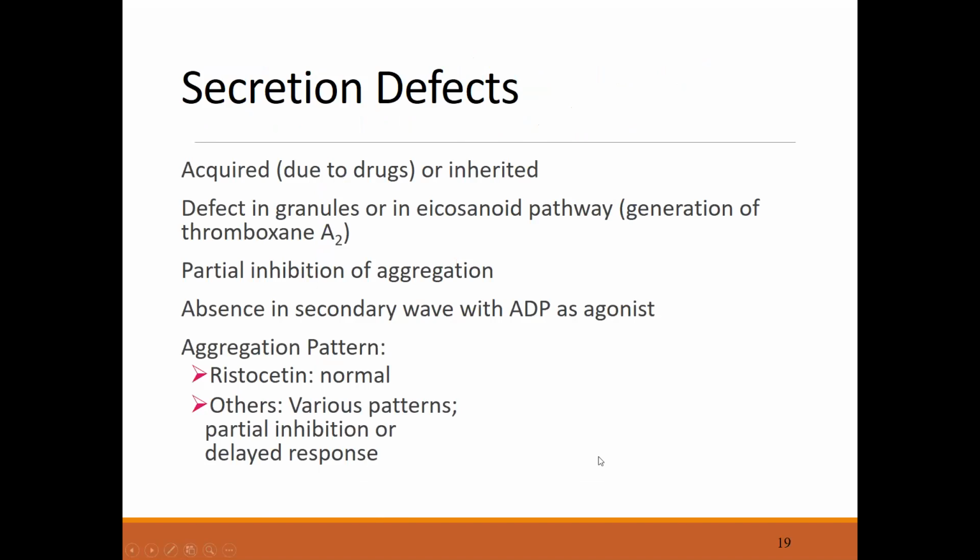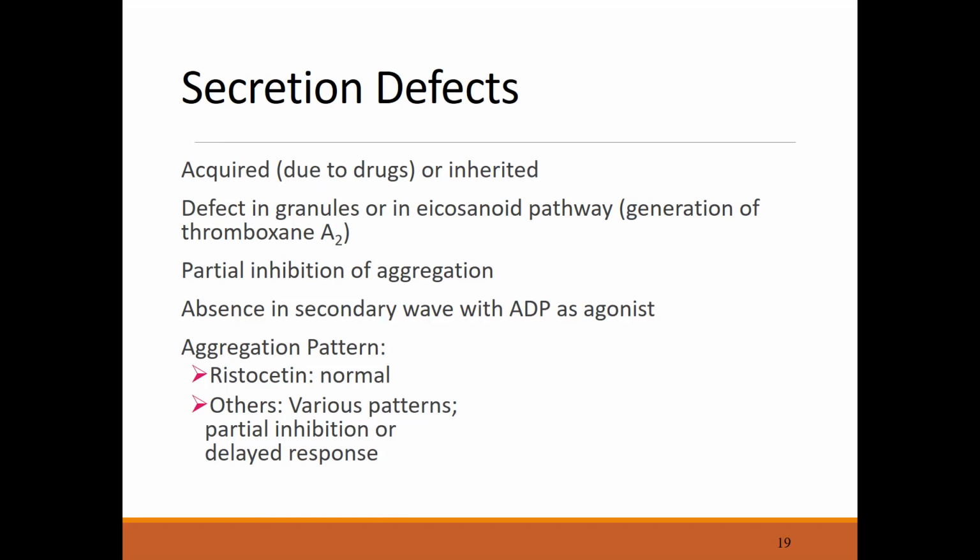Okay, other conditions include secretion defects. So secretions, all our secretory substances that we see when platelets get activated, there are defects that have to do with those substances. They can be acquired defects, some acquired defects are due to drugs, or inherited defects. And these are defects in granules or in the arachidonic acid pathway in which we experience the generation of thromboxane A2, which I explained to you guys earlier in this course.